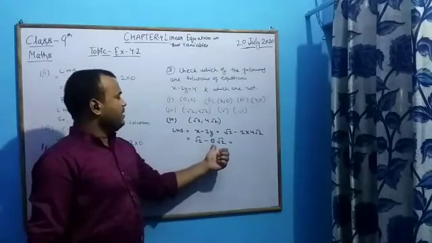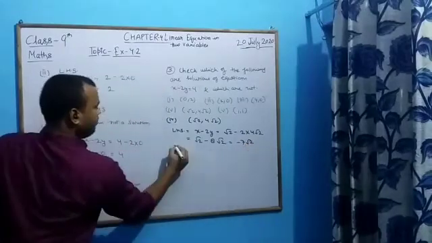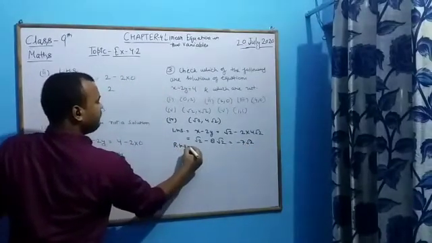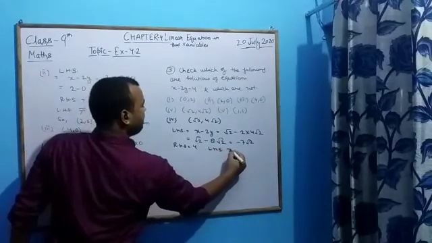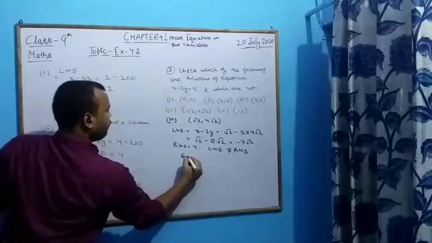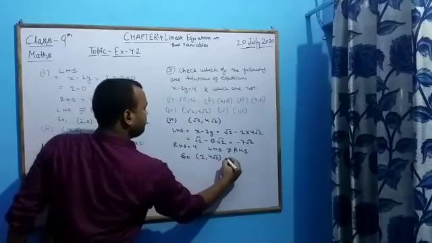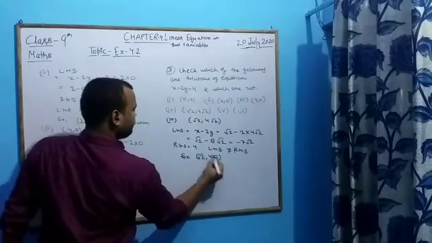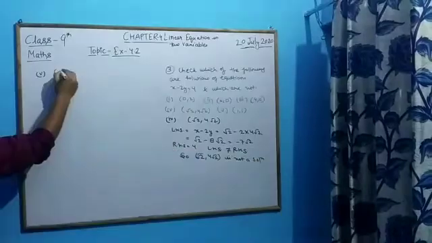Square root 2 minus 8 square root 2, it is minus 7 square root 2. But the right hand side is 4. Both are not equal. Left hand side is not equal to right hand side. So we can write square root 2 comma 4 square root 2 is not a solution.